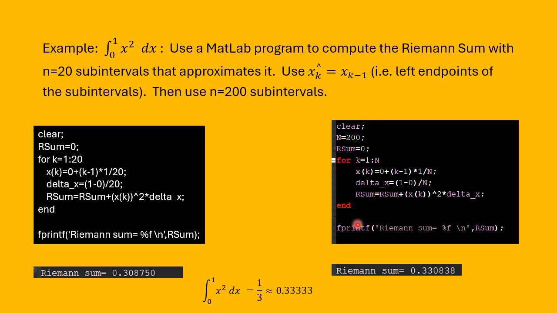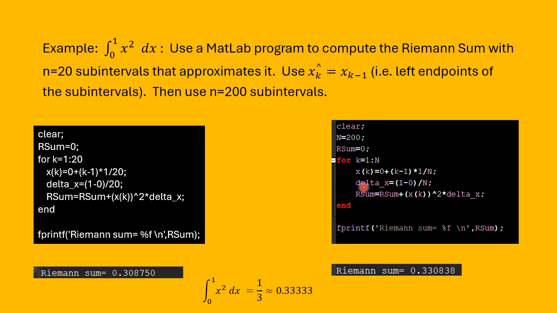This program was written just a little bit more generally. Instead of having k going from 1 to 200 here, I put a statement in here that capital N, that variable, is set equal to 200, and then we just loop k going from 1 to that value of n, which is 200. And the delta x is also adjusted because we now have n subintervals. The x sub k's are adjusted not by 1/20th anymore, but now 1 over n.